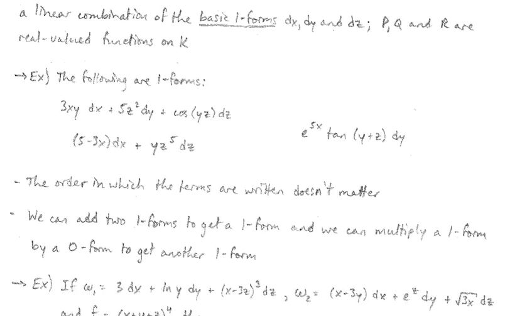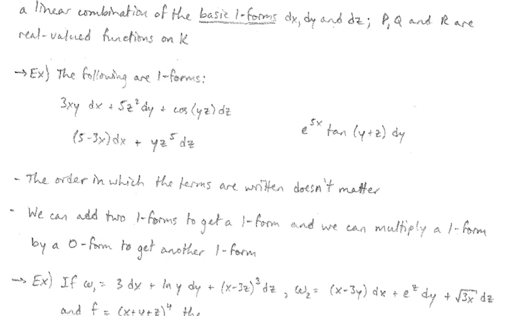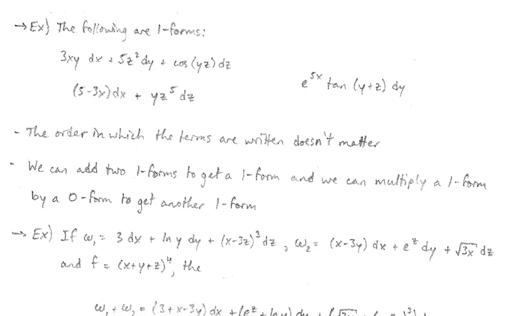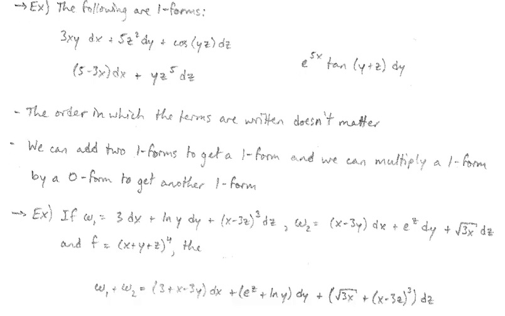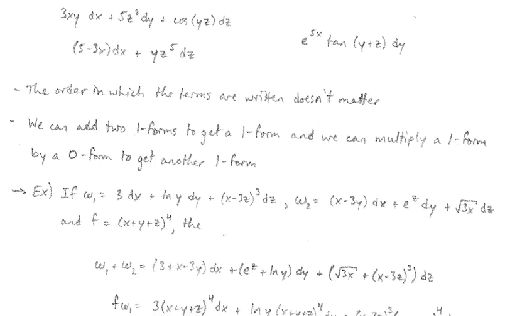What basic operations can we do with one forms? We can add two one forms together and get a one form, or we can multiply a one form by a zero form and get another one form. So I have some samples here. I have two one forms, omega 1 and omega 2, as well as a zero form, x plus y plus z raised to the fourth.